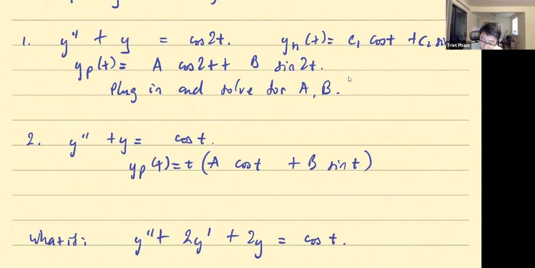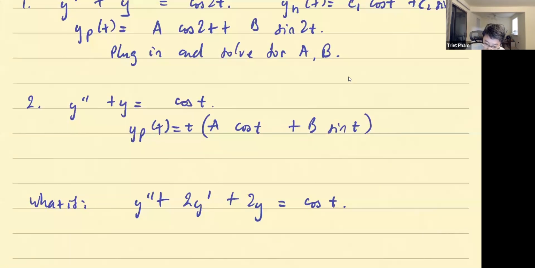Remember, this is the example we looked at before. So y_h is e to the minus t times C1 cosine t plus C2 sine t.